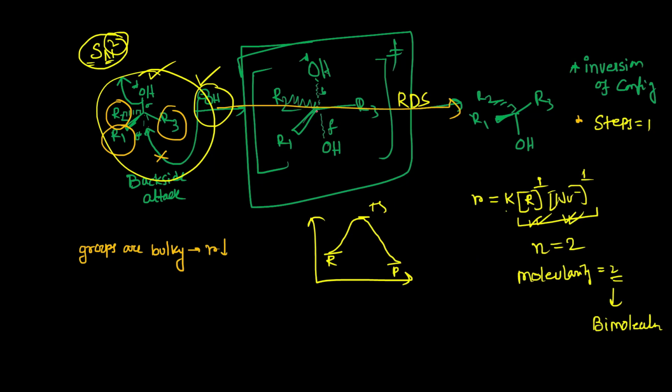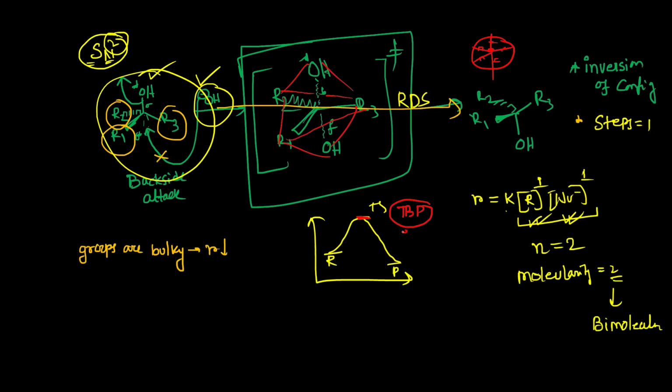One thing I want to emphasize is how this transition state looks. You will agree with me that this is basically a TBP geometry, trigonal bipyramidal. So the transition state is TBP. In TBP geometry, if I draw one central atom, then there are basically 10 electrons involved. So this is an electron rich system.